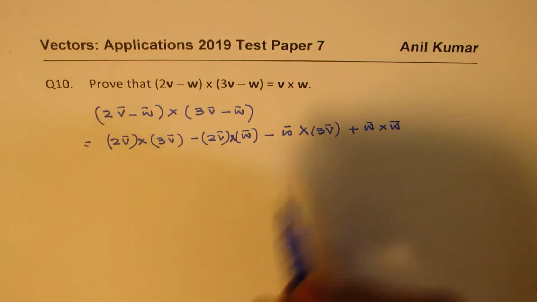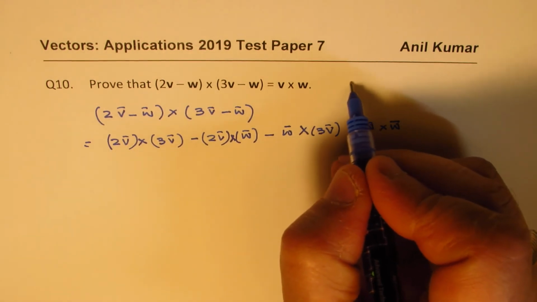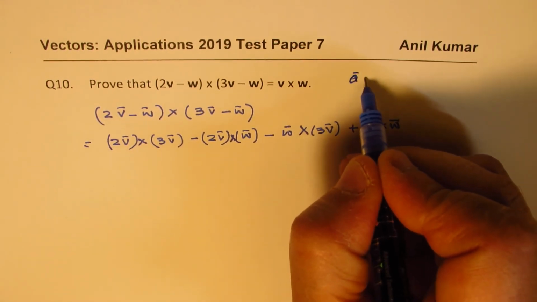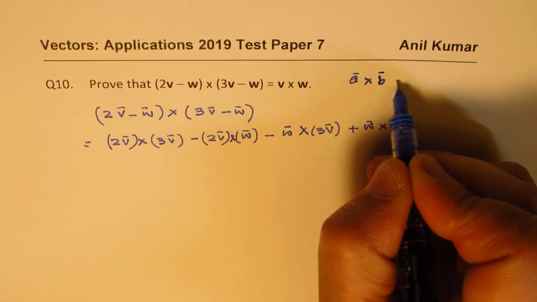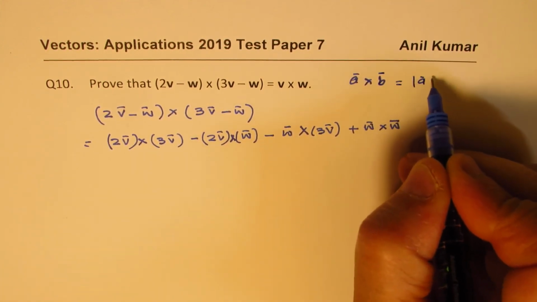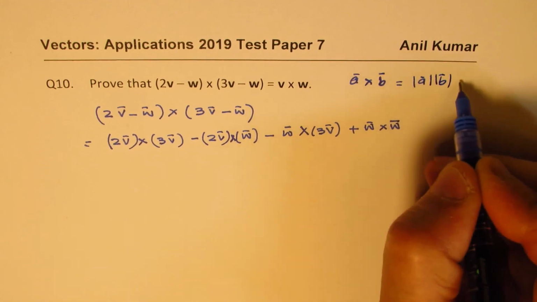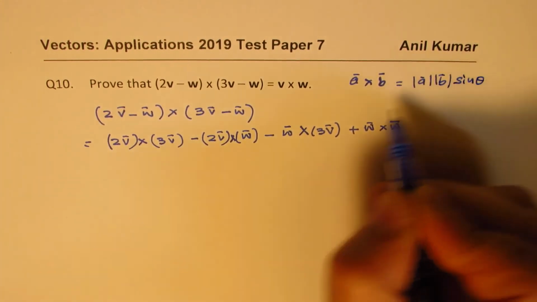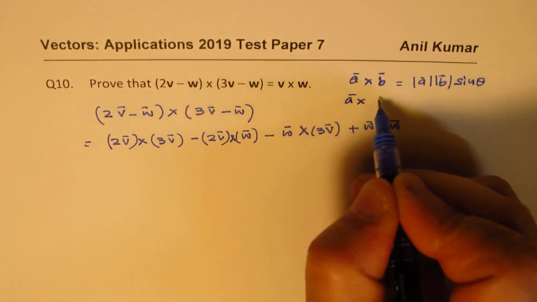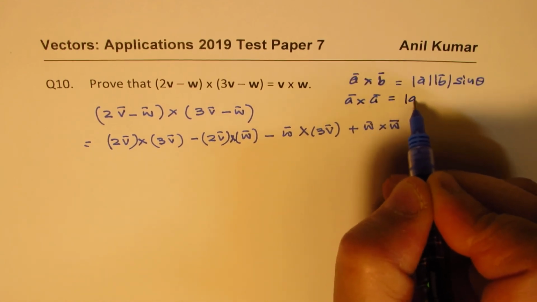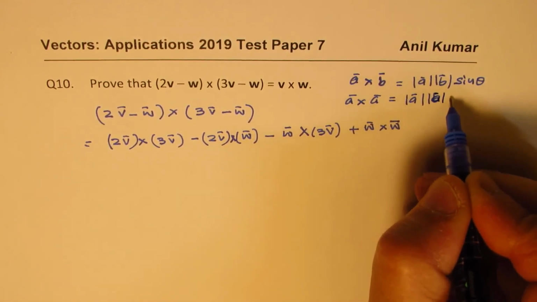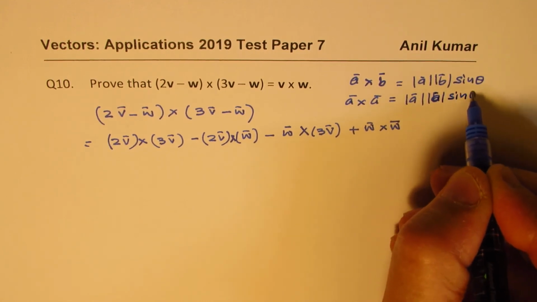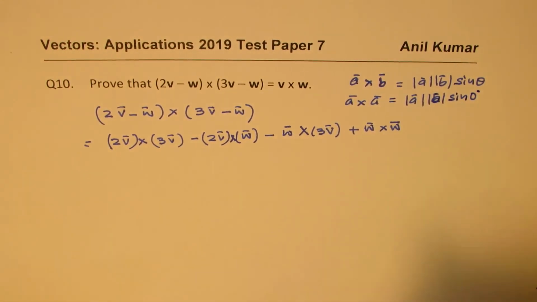Now, as you know, let's write A cross A. If I write A cross B, we know A cross B is magnitude of A times magnitude of B times sine theta. But if we are writing A cross A, then it will be magnitude of A times magnitude of A itself times sine of 0, since both are in the same direction.